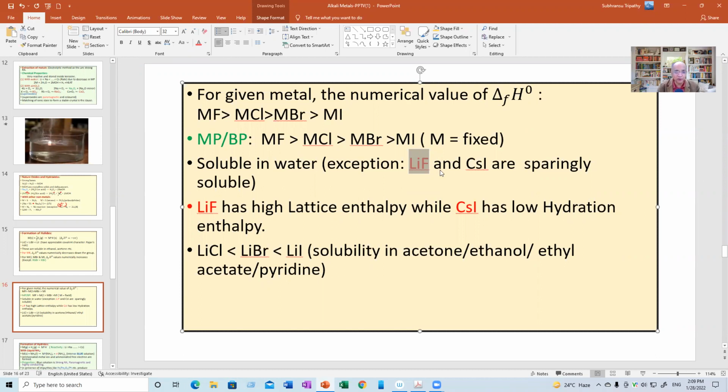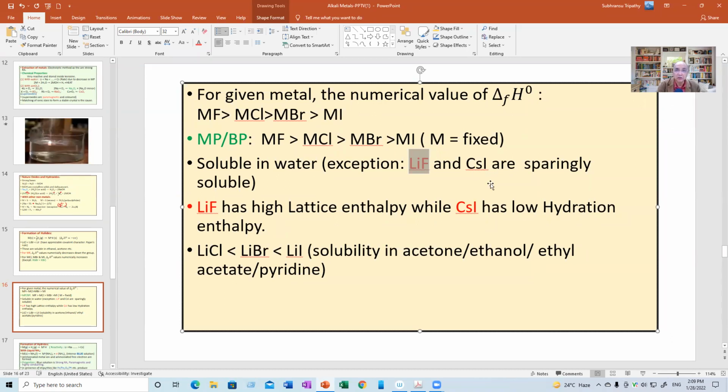Lithium fluoride is sparingly soluble because it has high lattice enthalpy and lower hydration enthalpy. The heat of solution is so predominantly positive that the entropy factor is also not able to make delta G negative, and hence it is a non-spontaneous process.